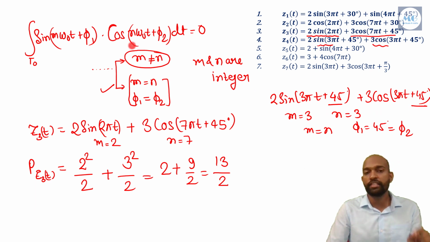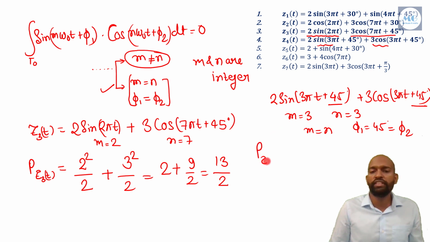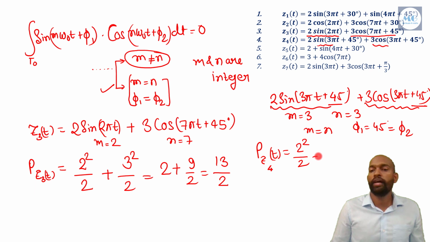So we can apply this formula, and using the concept of orthogonality, we can again say that power of z4t will be power of this function plus power of this function, and power of any sine function is its peak amplitude square by 2, which is 2 square by 2, plus same for the cosine function, its peak amplitude square by 2, that is 3 square by 2, which will be equal to 13 by 2.